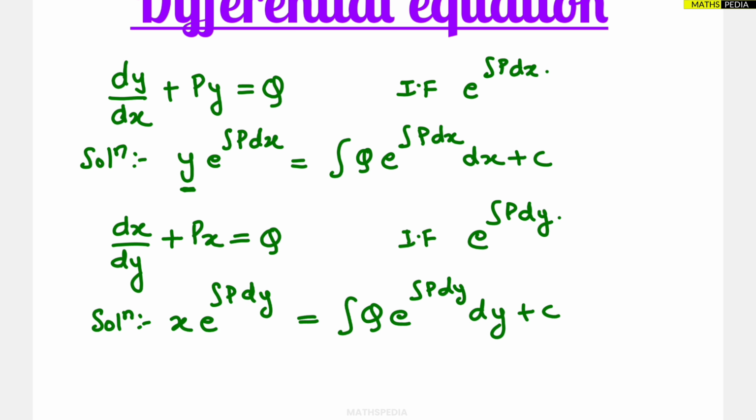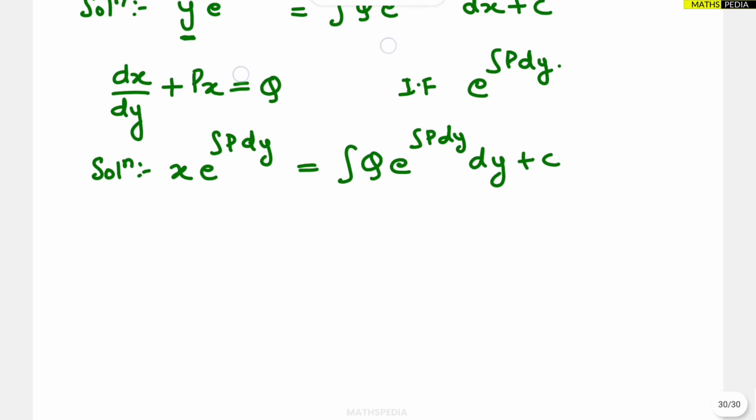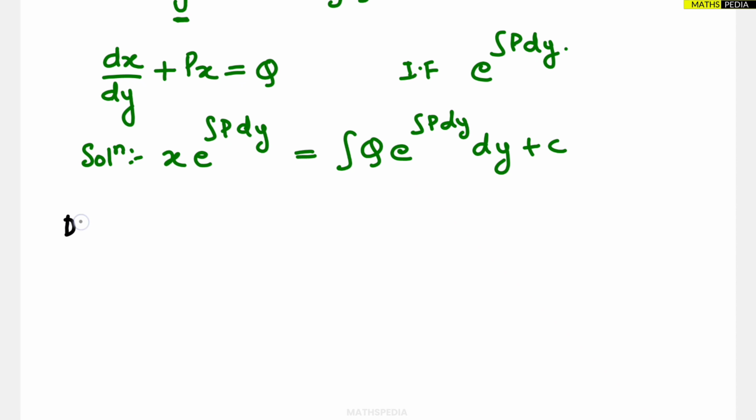Now what about Bernoulli's differential equation? That is the question, so let us try to understand that. Wherever we have the differential equation, I will represent it as dy by dx plus py equal to q into y power n.